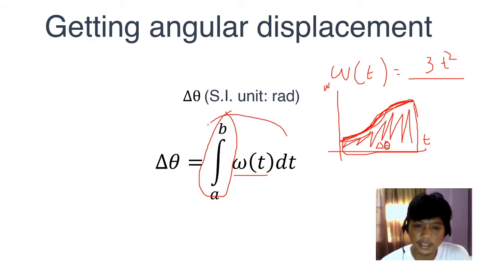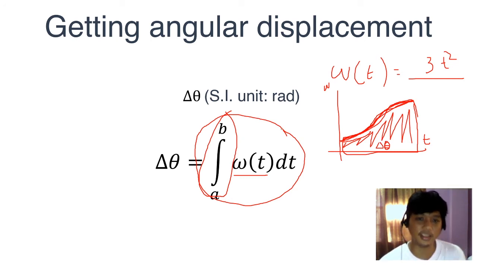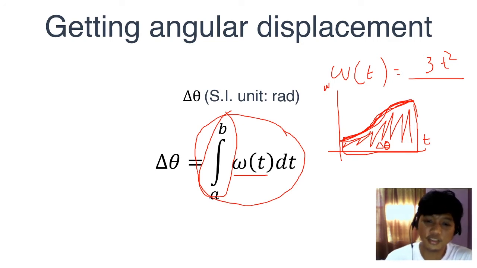Here we're basically just getting the area, but it's the integral way of getting the area. It's a calculus way of getting the area. I'll leave the further explanations about integration to your calculus teacher. But just remember, this is just getting the area under the curve.